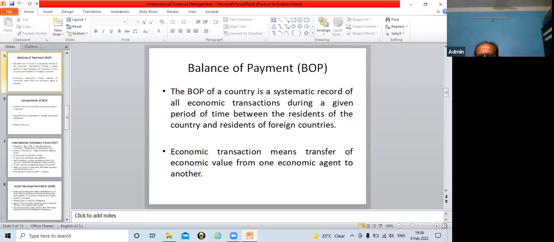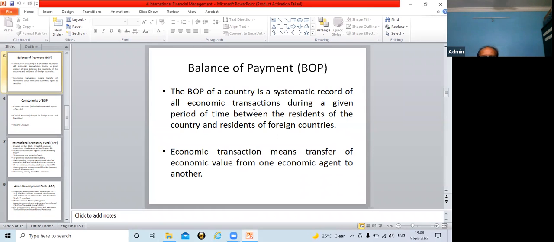So whenever we talk about the economical condition of a country, in that context, BOP is one of the crucial areas where everyone would like to know about balance of payment. Now, what it is?